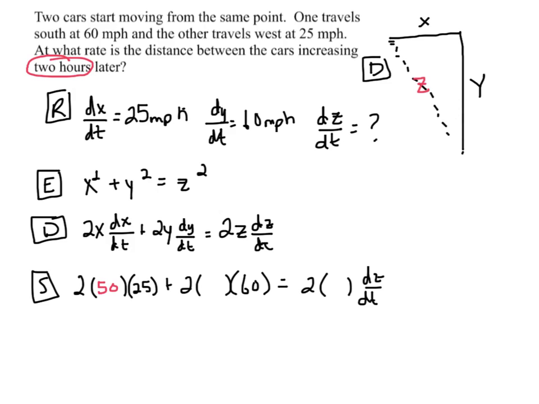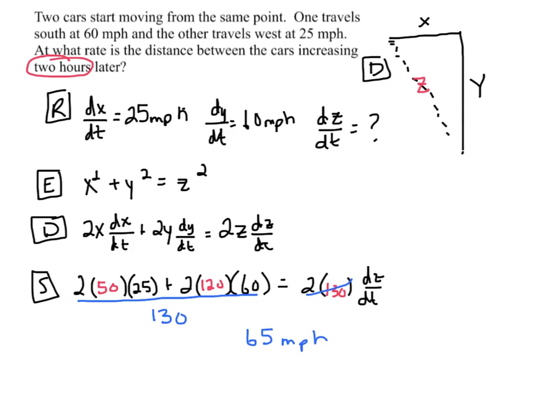For y, 2 times 60, so 60 miles an hour for 2 hours is 120. And then I could use the Pythagorean theorem, and I could get what z is. So now I could divide both sides by 2 times 130, and I get dz dt is 65 miles per hour.